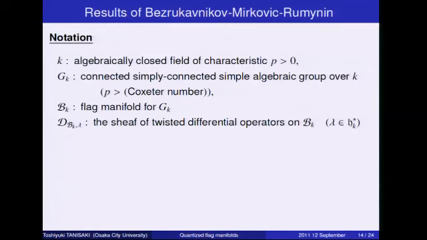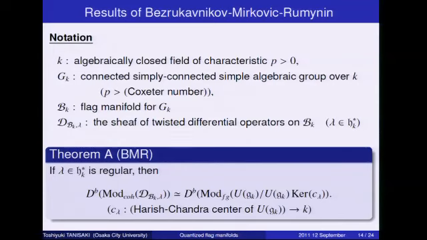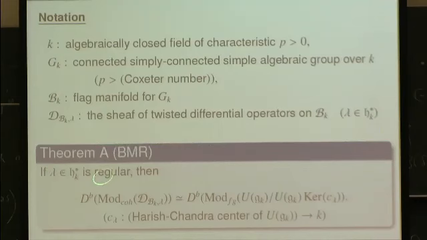For any element lambda, we can consider some ring of twisted differential operators. And one theorem of BMR is the following. If lambda is regular, then we have an equivalence of derived categories between the category of D modules and the category of U(g) modules with some specified central character corresponding to lambda.